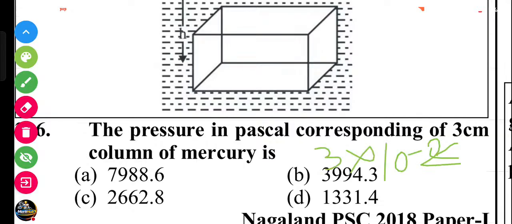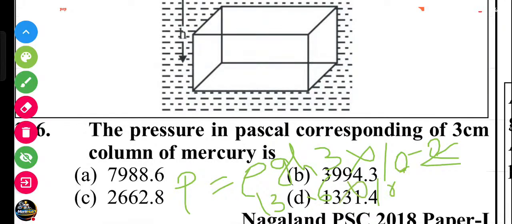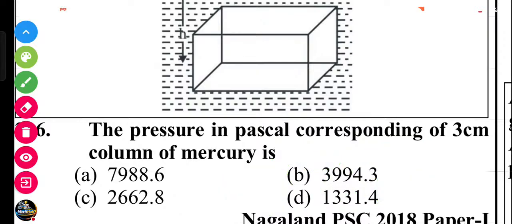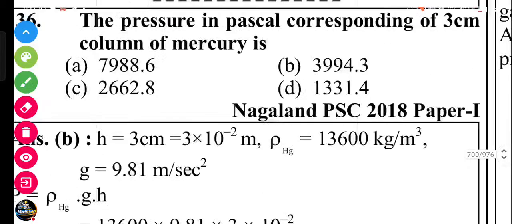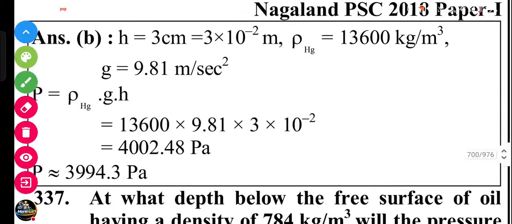Then you put this equation P equal to ρgh, where ρ is the density of the mercury, 13.6 into 10 to the 3, g is 9.81, and h is 3 into 10 to the minus 2. Then you can get the answer. Let's check the answer. 3994.3 is the answer if you put the data in the equation.